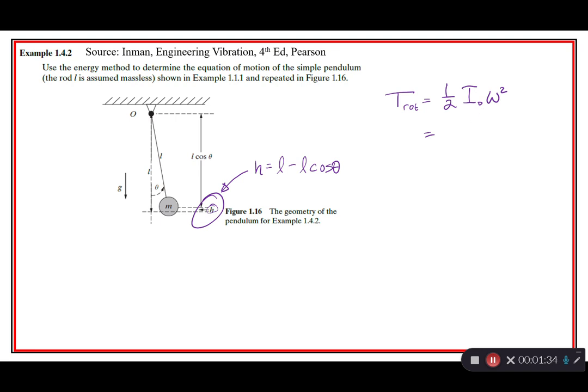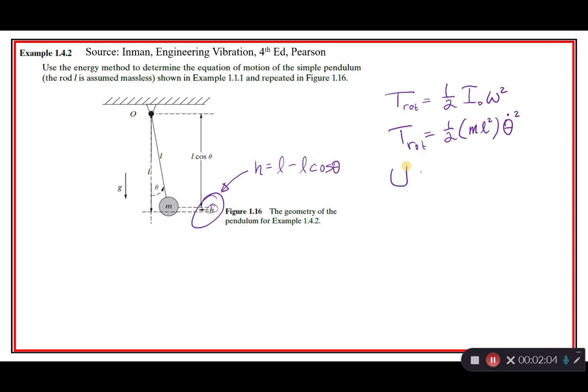For a simple thing where it just has a mass down at the end, you can find that by taking the mass and multiplying it by the length squared. So hopefully you believe that that is the mass moment of inertia of the thing. And here we go back to the theta dots. I don't know why I went back to the omegas and the I's. I just did. And I didn't even need to write rot. That's the only omega that's there.